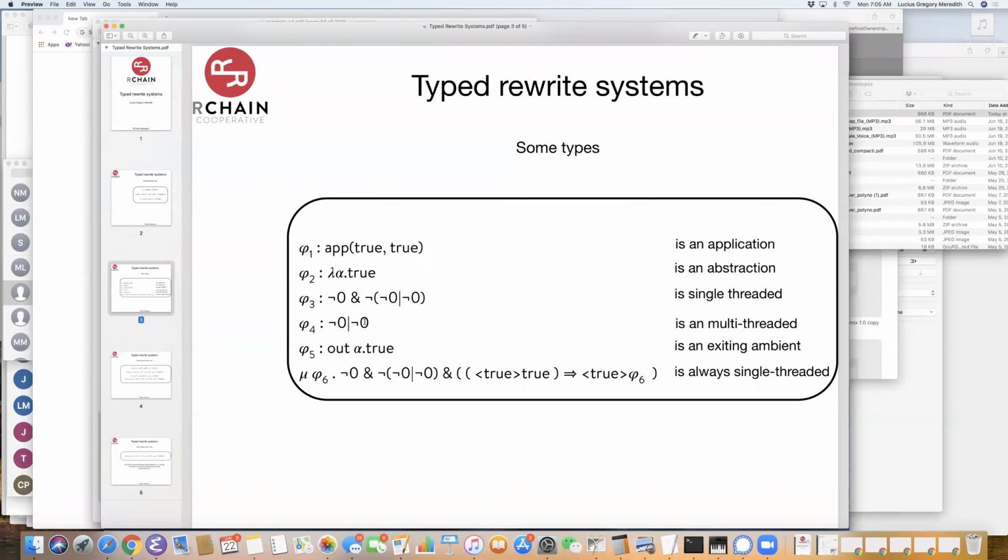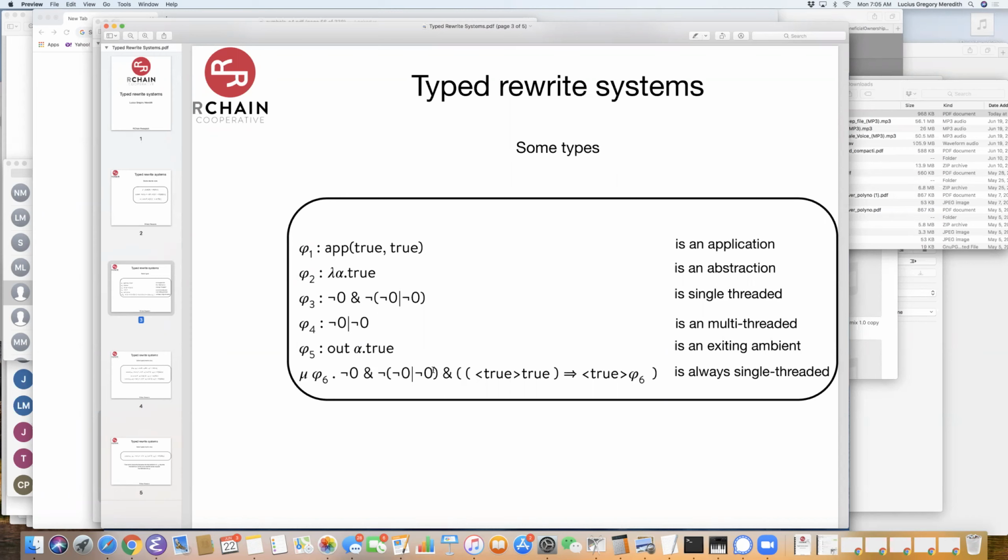So it is the parallel composition of at least two non-zero things. For the ambient calculus, we could have a type which is out, and again, this is a little subtle because we're assuming that the names of our ambient calculus have some kind of structure. So out to some namespace, and then become any old process.